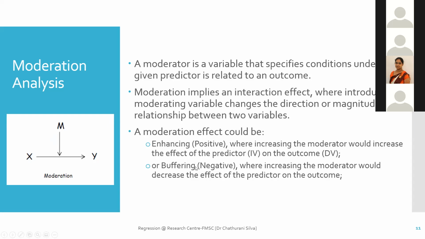And also the moderating effect could be negative as well, which is then called buffering, where increasing the moderator would decrease the effect of predictor on the outcome, right? When you increase the moderator variable, let's go with the previous example, income, right? Let's say we found a positive effect. You have to hypothesize a positive effect of X on Y. When we increase the training given to employees, their performance will increase.